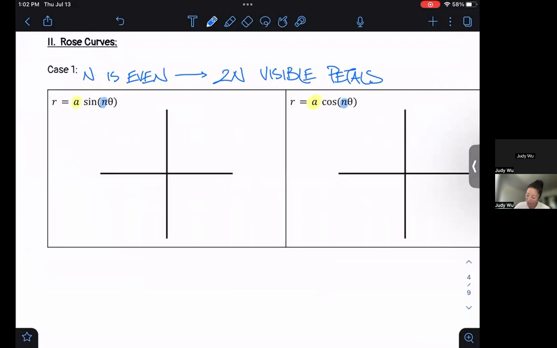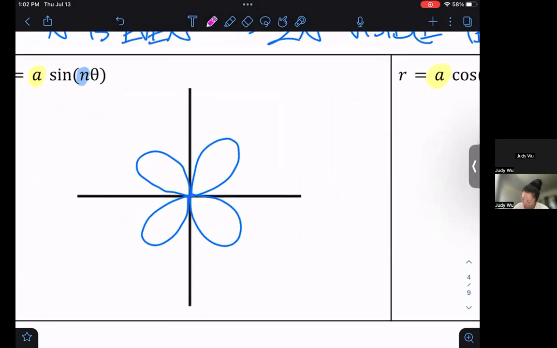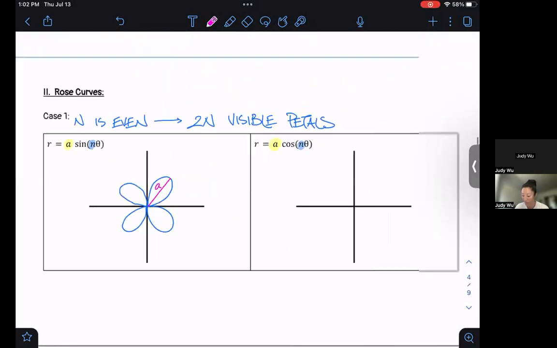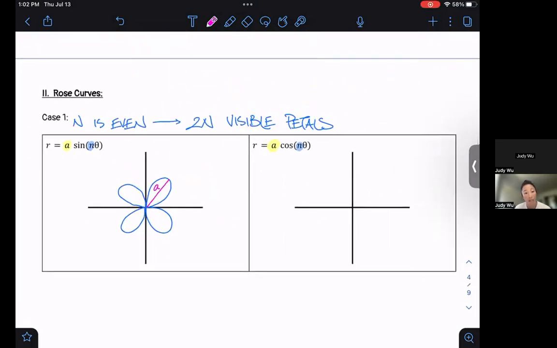Now for the sine one, I believe we had something kind of like this: one petal, another petal, another petal, another petal. And this distance right here is our A. The larger A is, the longer the petal is.